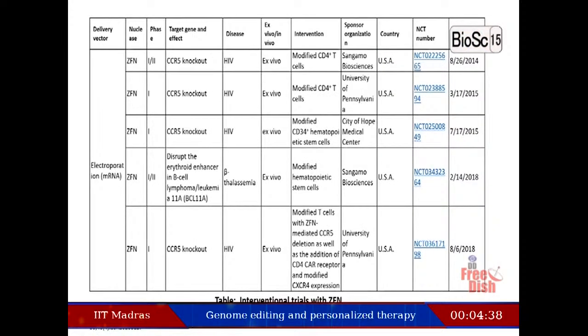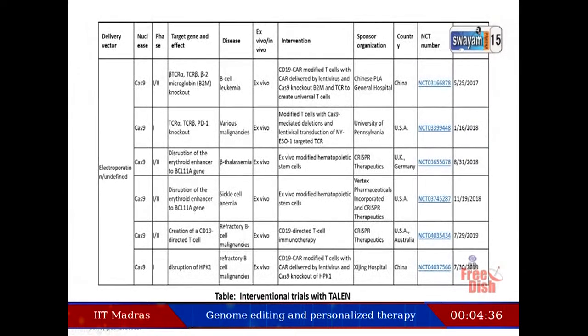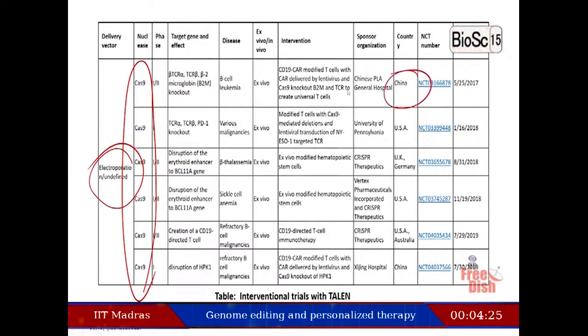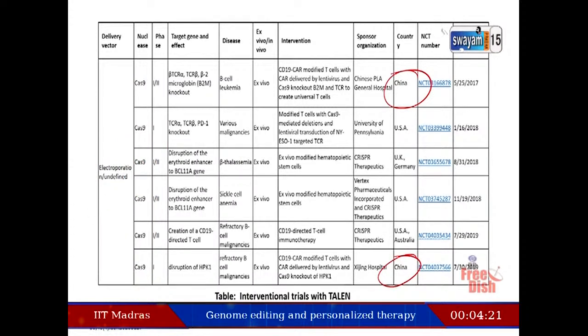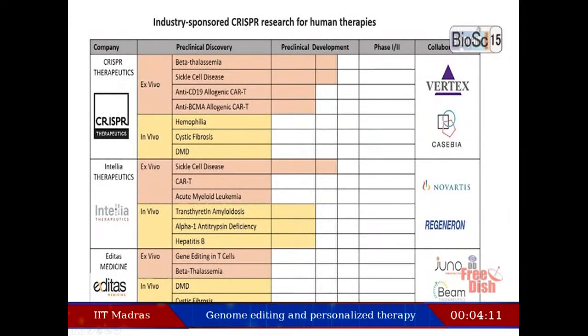For example, here is the data for Cas9. Again, the delivery vector is either electroporation or undefined, but here you can see Asian countries like China has also been involved in this kind of trials, including European countries like Germany and of course Australia, which is altogether in a different zone and continent.